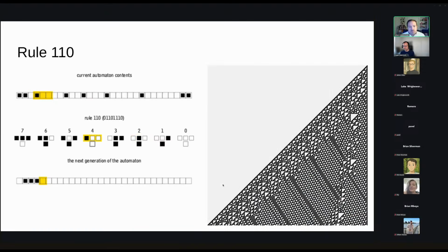Another rule, if we go to rule 110 rather, we get more exotic behavior. And amazingly, Wolfram has shown that this is capable of universal computation. So in an abstract sense, this pattern generating process is capable of simulating any process that you would run on any computer.